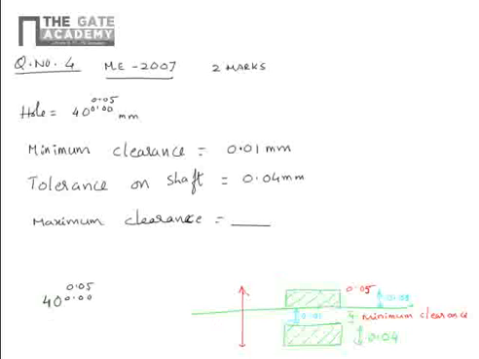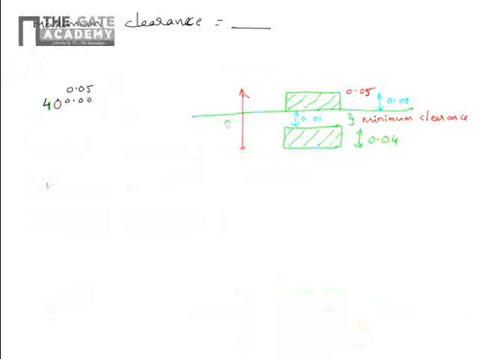If you want to get that value, this question mark, maximum clearance equals hole tolerance plus the others. No need to remember the formula, I am just writing from the diagram only. If you know how to draw the diagram, then you can easily do it.